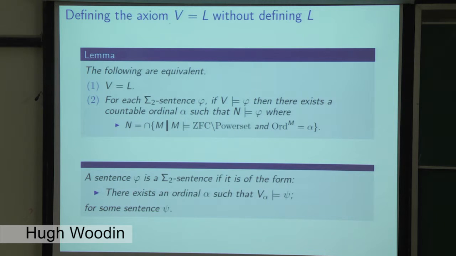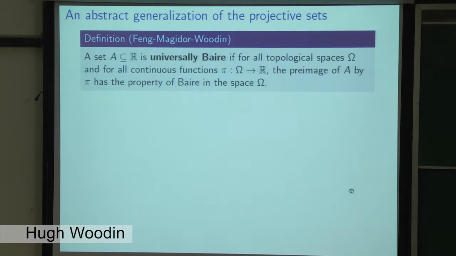So there's no definition of L there, but that defines the axiom V equals L. It's just test models. So you can do the same thing, or try to do the same thing, for Ultimate L, and that involves picking out the right test models. And we get those from determinacy.